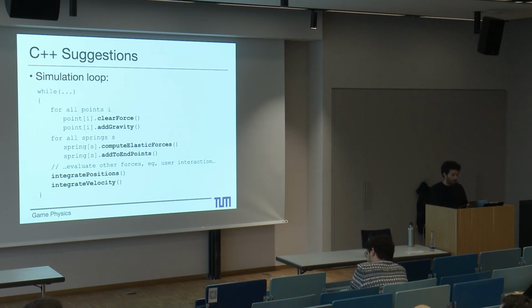And then for each and every spring, we want to compute the elastic forces acting at both ends. One important thing is that each spring acts in the same way on both ends, because the force is only proportional to the deformation, and it doesn't matter whether we are deforming to the right or to the left; the forces impact both sides of the spring in the same way.